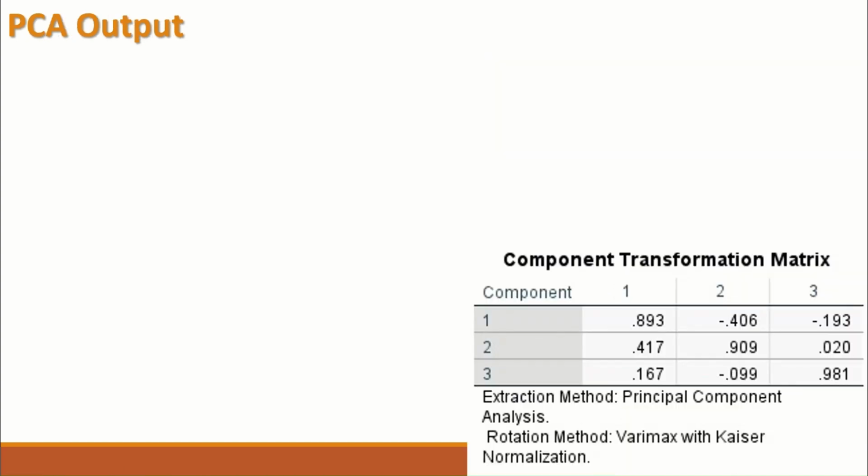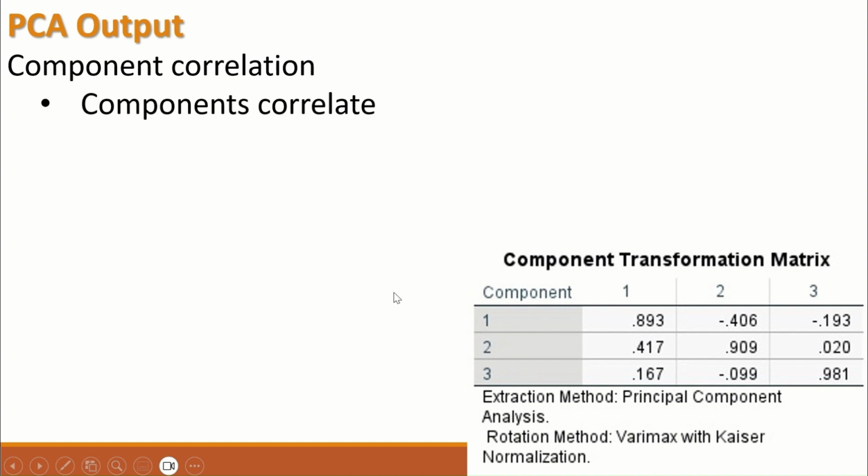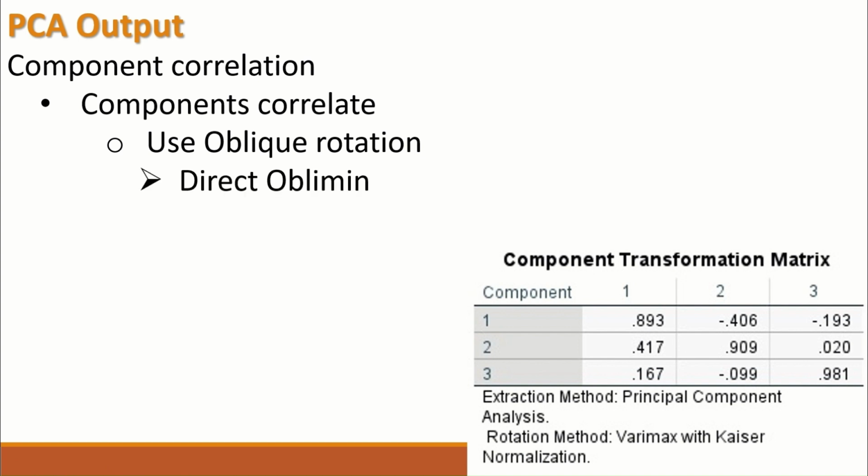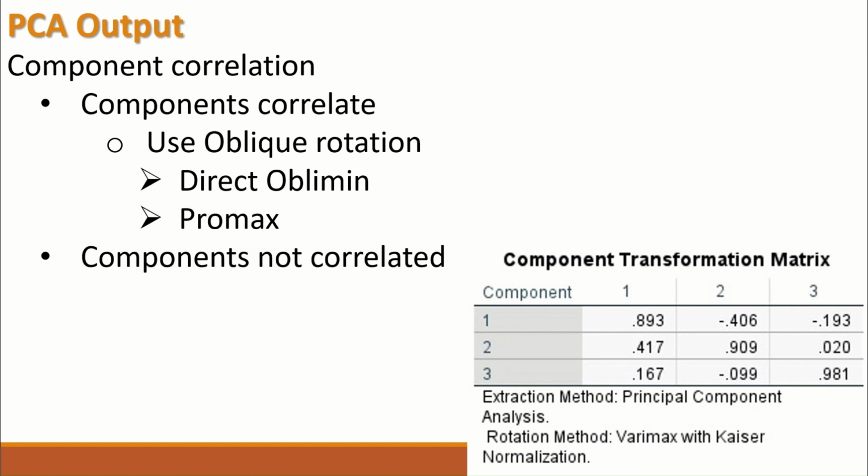Another output that can be generated post PCA is the component transformation matrix. The component transformation matrix will look at the correlation between component number 1 with 1, 1 with 2, and 1 with 3. So if the components correlate to each other, then this will help in determining the rotation method: use oblique rotation, whether it's direct oblimin or Promax.